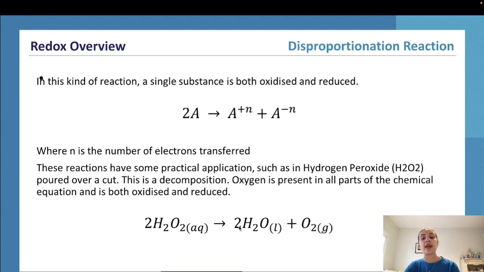Then when we look over here, we can see that hydrogen is going to stay the same at plus 1 because it is a spectator ion. But in water, we know that oxygen has its oxidation number of minus 2.